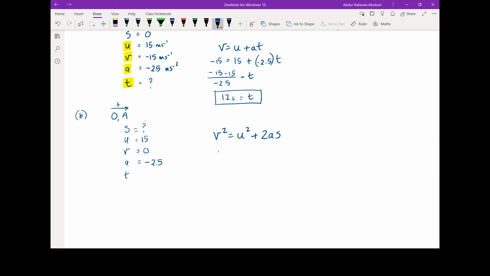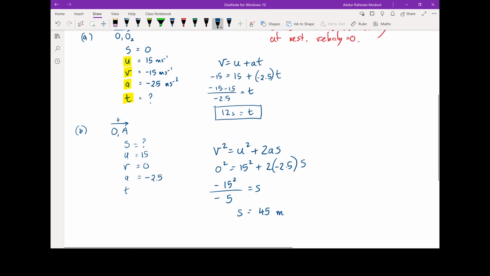Substituting in the quantities that I have, 0 squared is equal to 15 squared plus 2 lots of minus 2.5 times S, which is what I'm trying to work out, which then gives me minus 15 squared over minus 5 is equal to S. So S in this case is equal to 15 squared divided by 5. That gives us 45 meters.